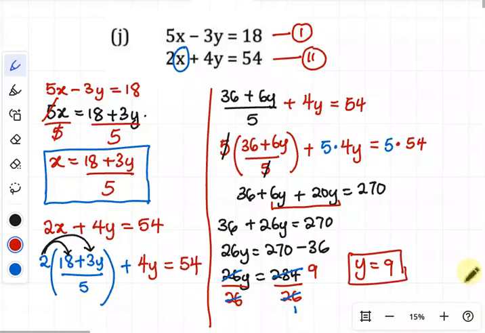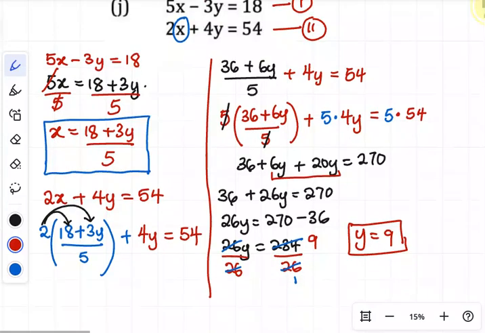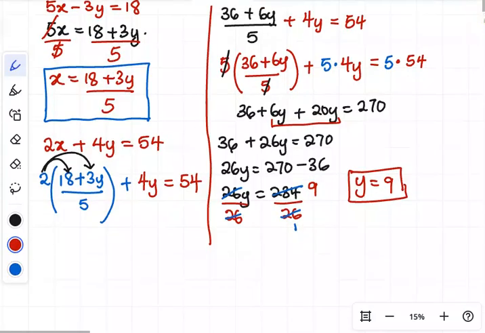So I want to plug in y equals 9 into either equation 1 or equation 2. You can just use any one, so let us just use equation 1. Here I have 5x minus 3y equals 18.